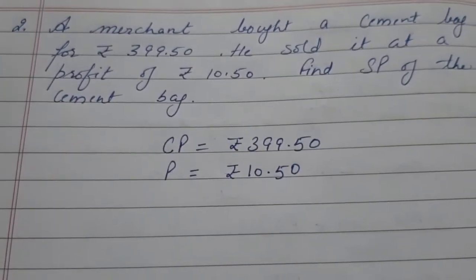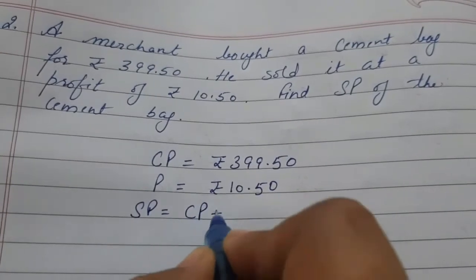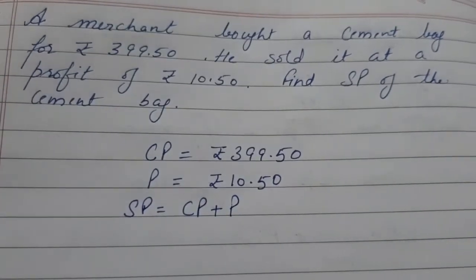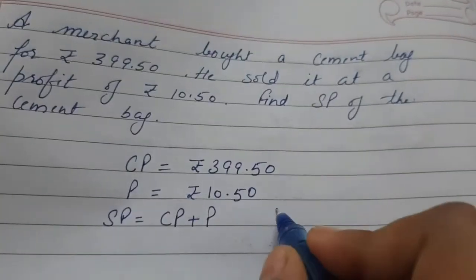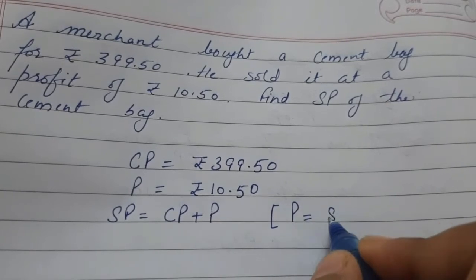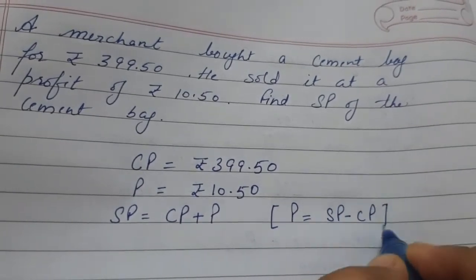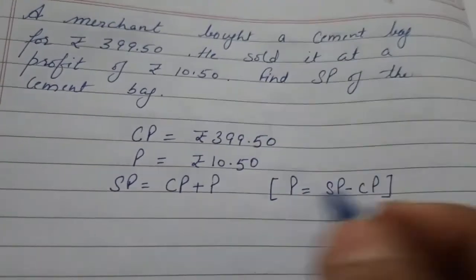So what is the selling price then? Selling price will be cost price plus profit. How it comes? So this formula I have derived from the basic formula, that is profit is equal to selling price minus cost price, that we have used right now in the previous question.